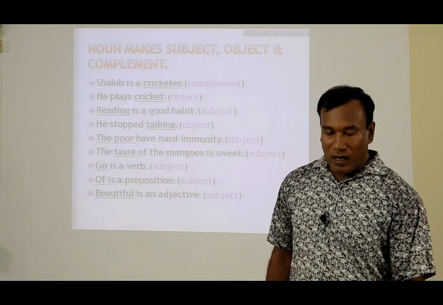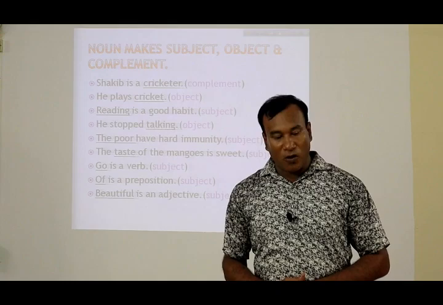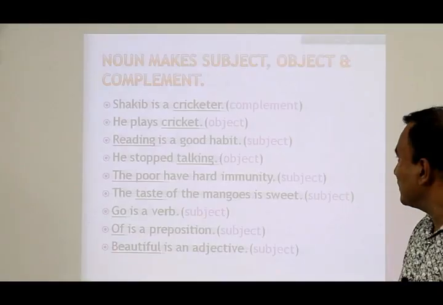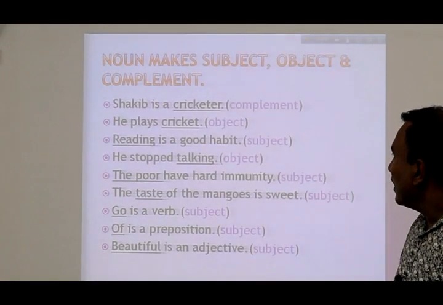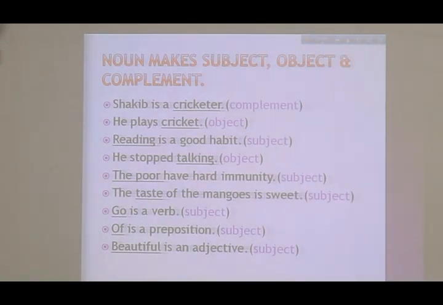Okay, I have told you noun is used as subject, object or complement. If you look at the example, Shakib is a cricketer. Here, cricketer is a complement. Cricketer is not object here.